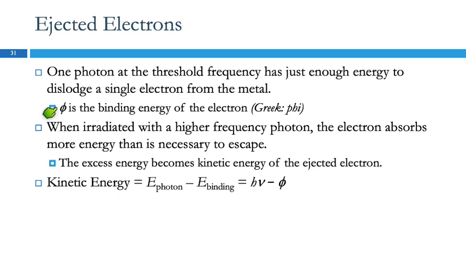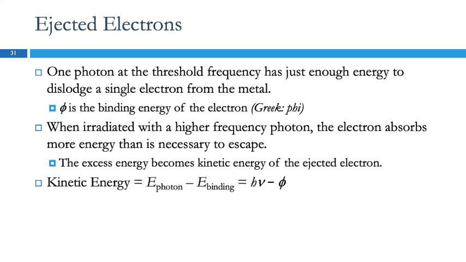So phi, the Greek letter phi, represents the binding energy of the electron. So that's like the admission price to Disneyland. That's the minimum amount of energy for anything to happen here. Well, what if we have higher frequency photons? Well, the electron's going to absorb the energy. It has to pay the binding energy, the admission price to Disneyland. And then what about the extra energy?